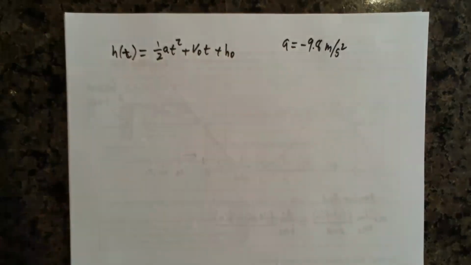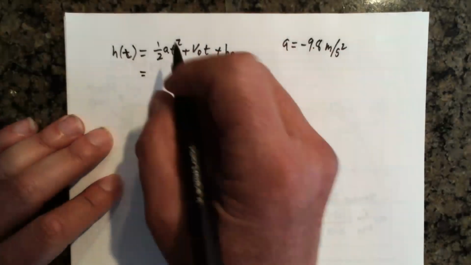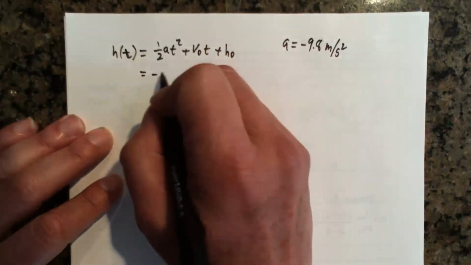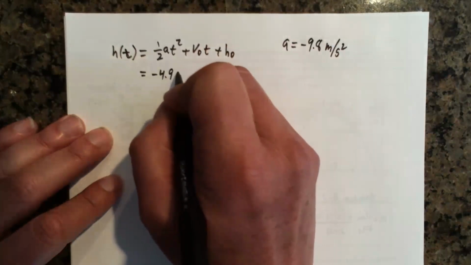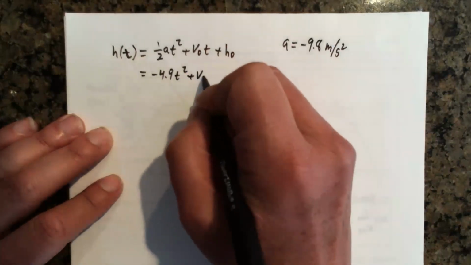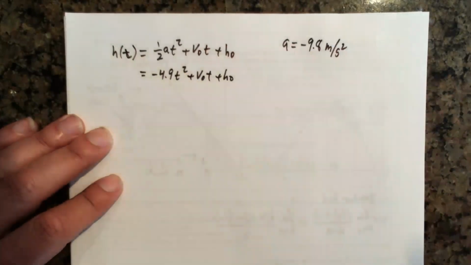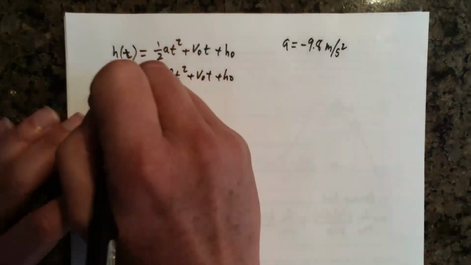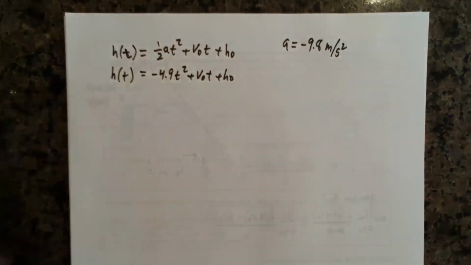We're not including air resistance and things like that. So when I plug that in here, half of that is going to be a negative 4.9. So this is our formula that we're going to be using for something falling.